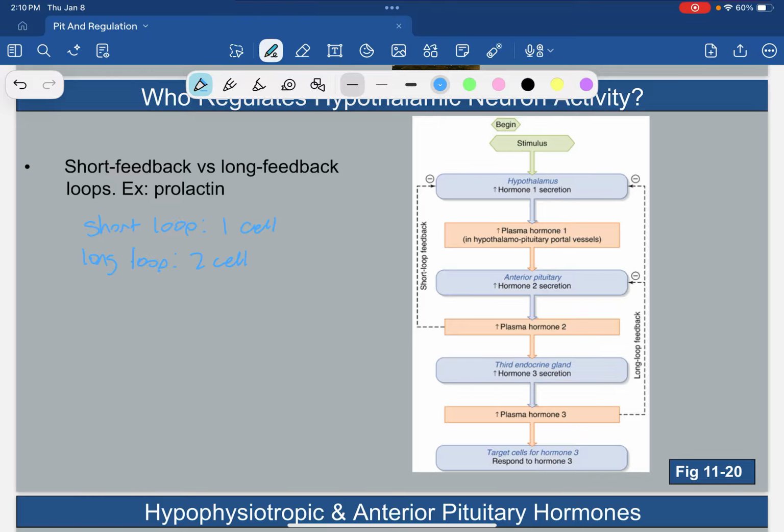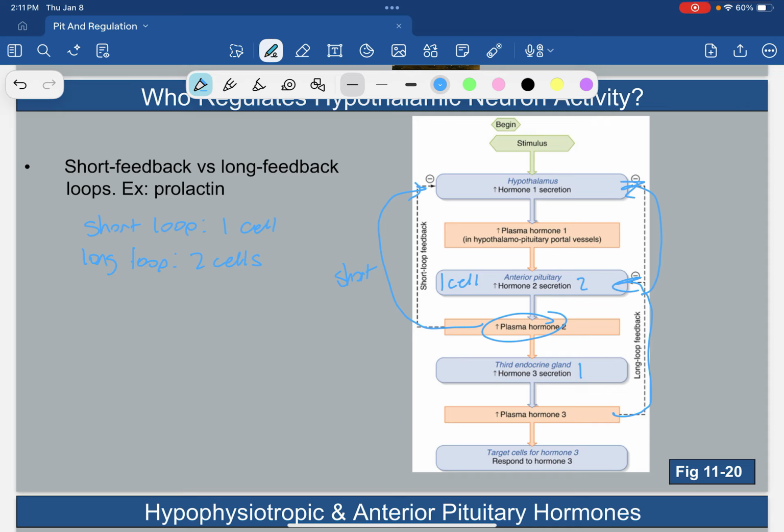From our plasma hormone up here, there's only this one cell in the middle, so this would be short. But from down here, our plasma hormone 3, all the way up to the top, there's one cell, two cells, so that would be considered long loop.